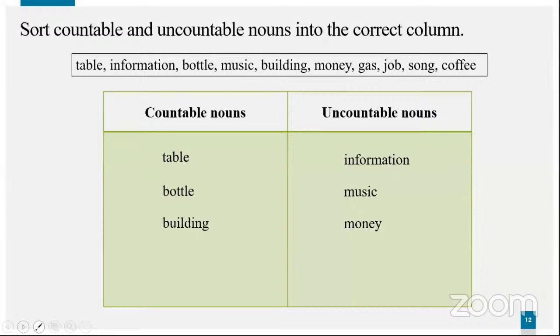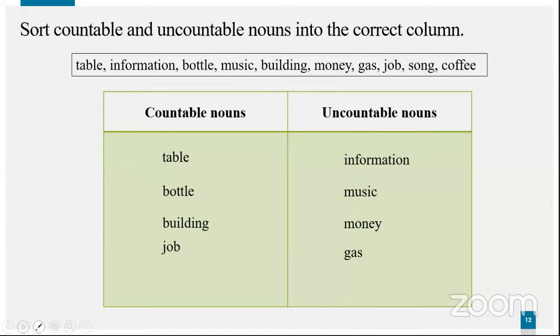Right. Next one, gas. We know gas, it is an uncountable noun. We can separate it into elements. So gas is an uncountable noun. Next one, job, right? Job, we can count them, right? We can count job, one job, two jobs, three jobs, like that. It's a countable noun.